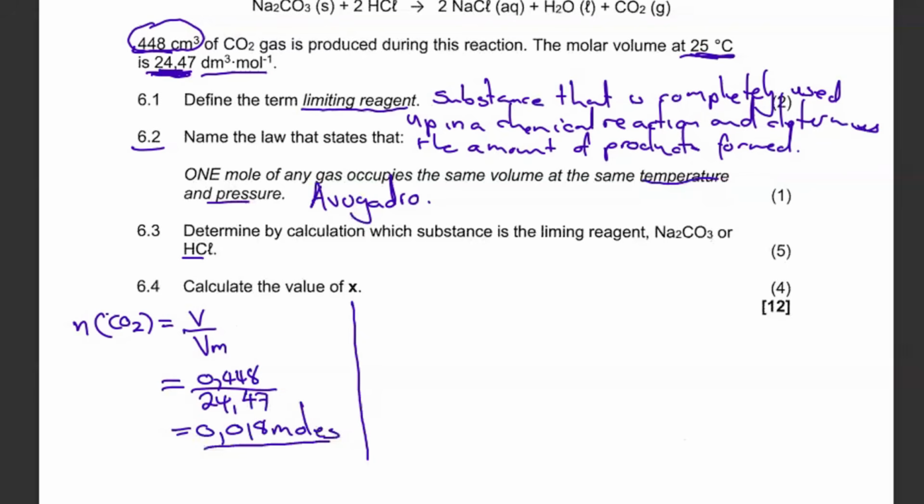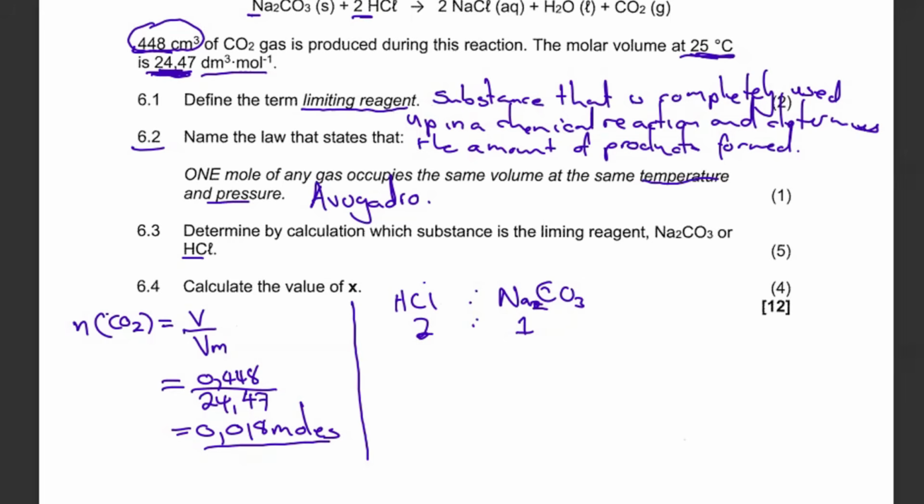Okay, so now HCl versus sodium carbonate, Na2CO3, right? According to the balanced equation, if you look here, we're having 2, here we're having 1. So the mole ratio is 2 is to 1.